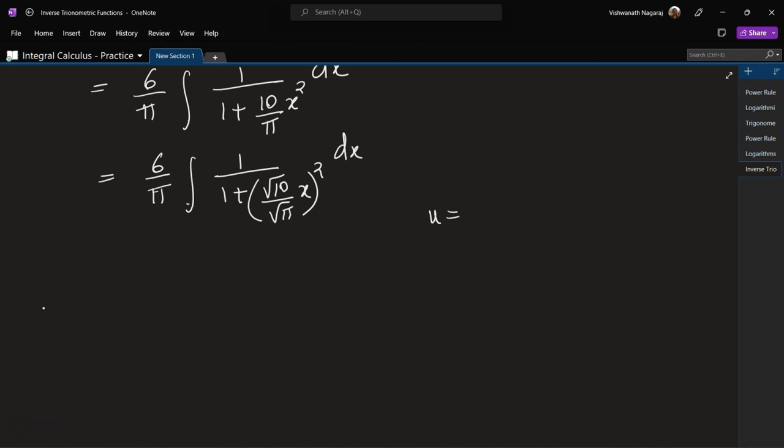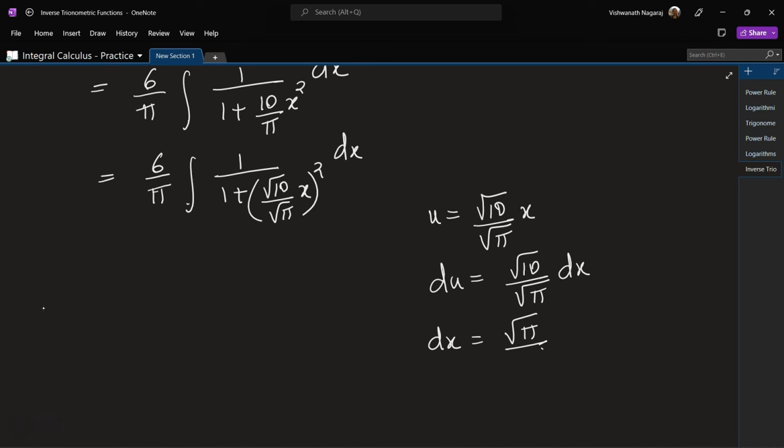Now u is equal to square root of 10 by square root of pi x. So du would be square root of 10 by square root of pi dx, and dx would be square root of pi by square root of 10 du.